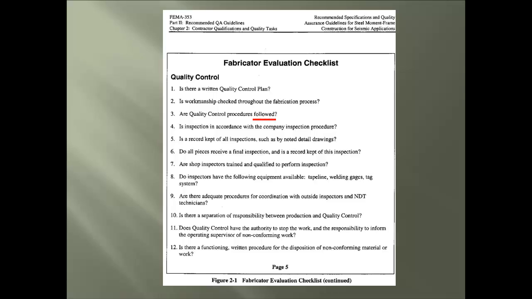Number 3 wants to know if the QC procedures are being followed. Number 4 asks if the inspection is in accordance with the procedures. Number 5, are records being kept for all inspections? Number 6, is there a final inspection for all finished assemblies?